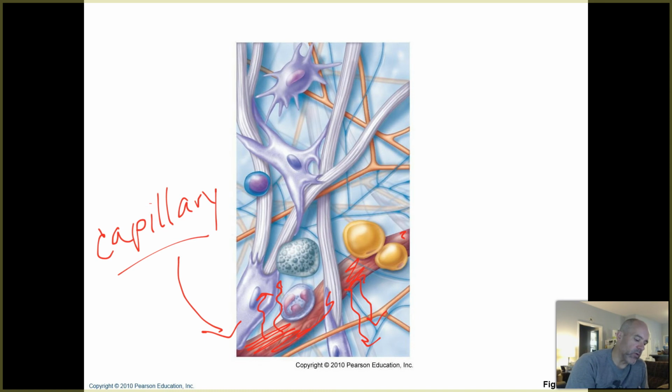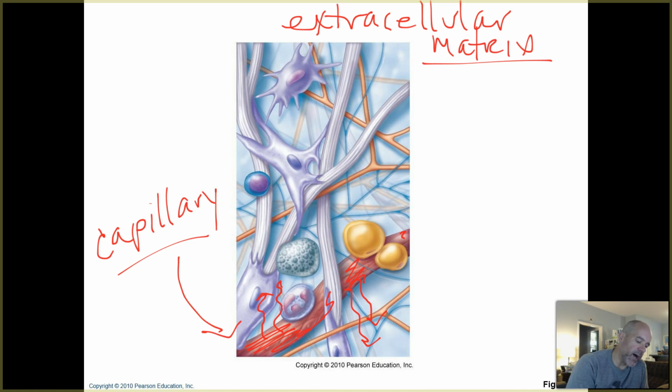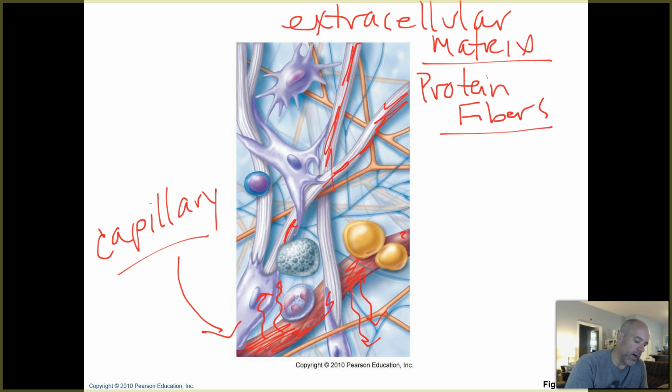All right, within your extracellular matrix, you have protein fibers. Now you'll have different amounts of them in different connective tissues, but you have three main types. The big purple ones that you see on here are called collagen fibers or collagenous fibers.